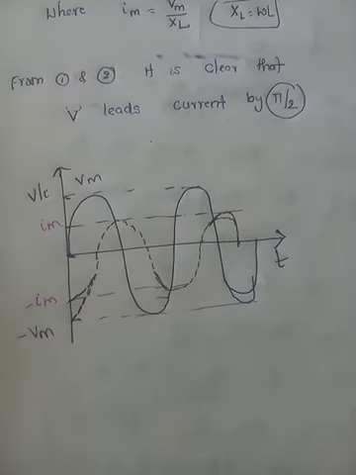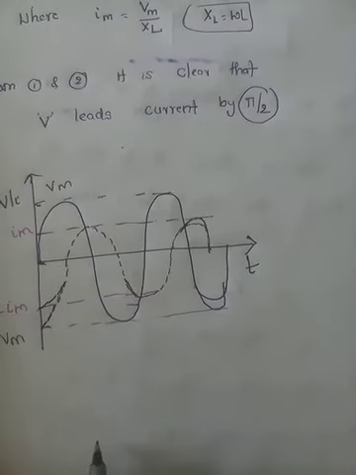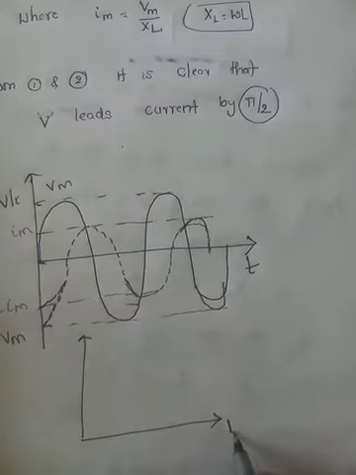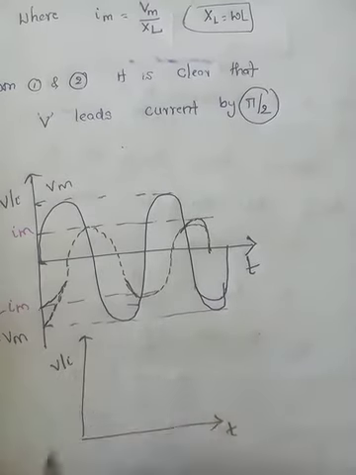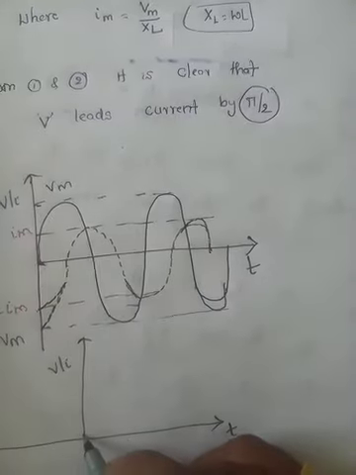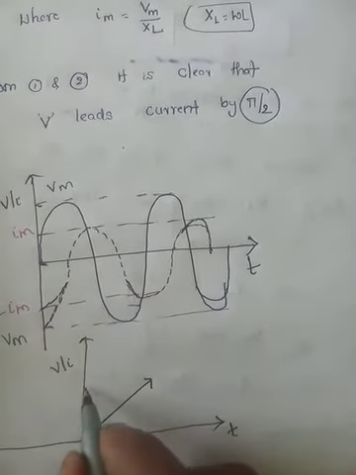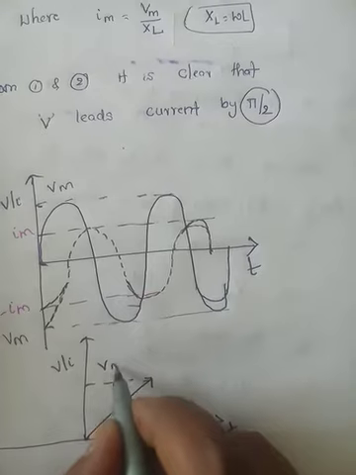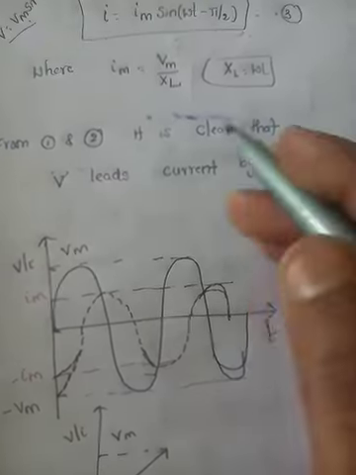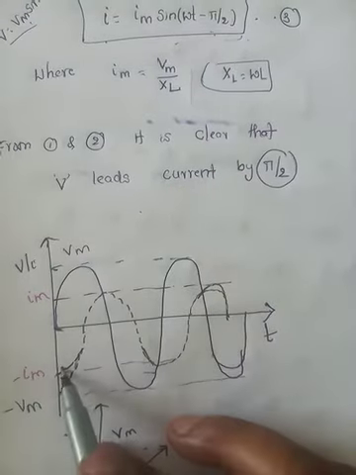Next, phasor diagram. How to represent the phasor diagram? Time, here voltage or current. I am taking negative axis also. So, this is voltage as usual, Vm, and this is omega t, right. Now, current is in opposite direction, means negative axis, right.